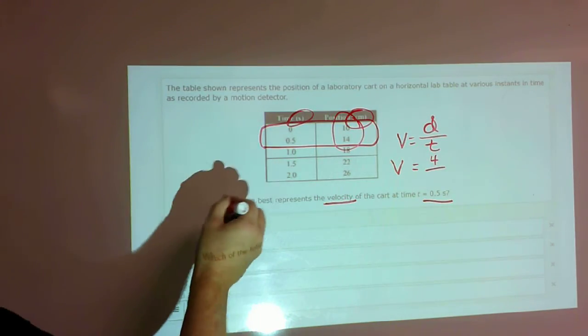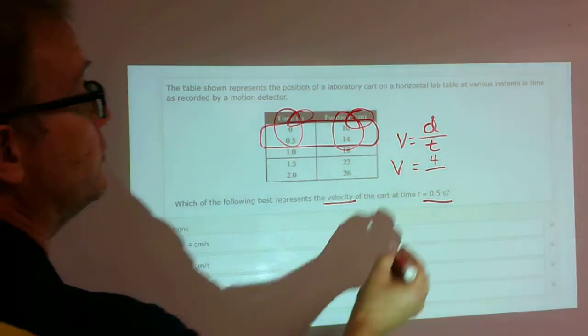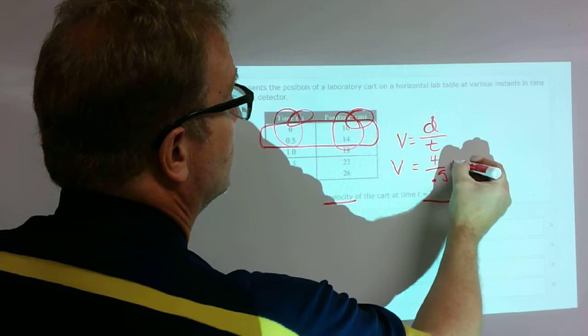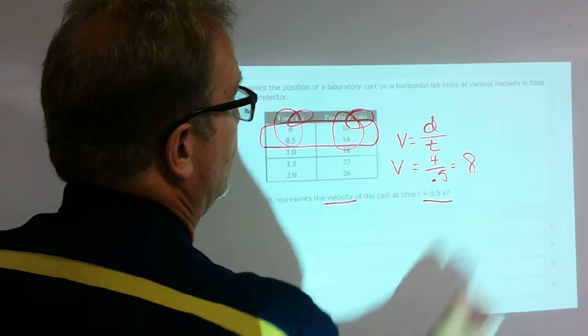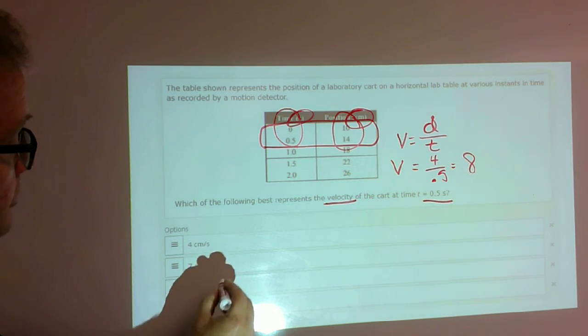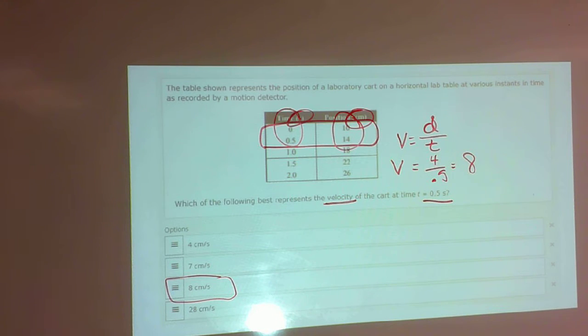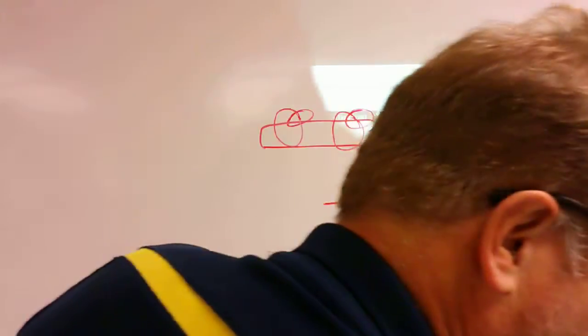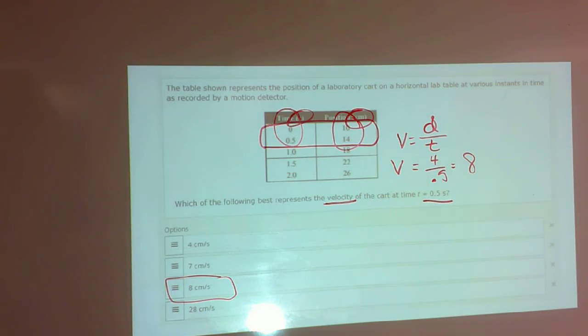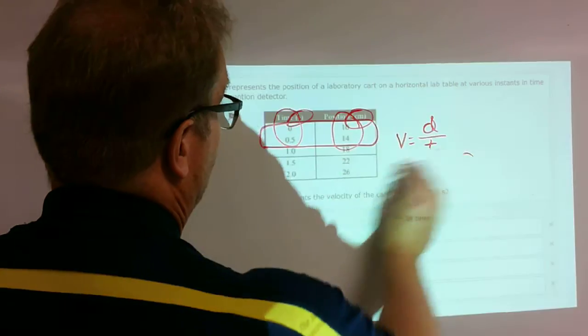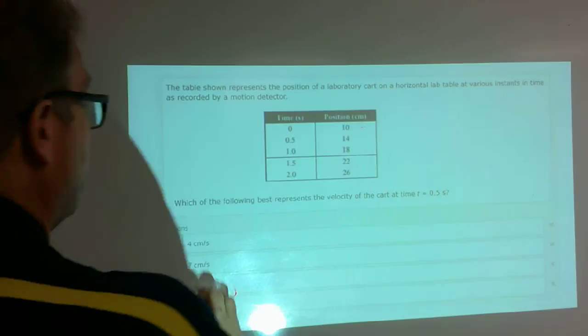And then it's going to be my change in time, which is 0.5. That would be 8. So 8 centimeters per second. Again, keep in mind what you're trying to find. This is velocity. It will say velocity. Let's go ahead and go to number 4.